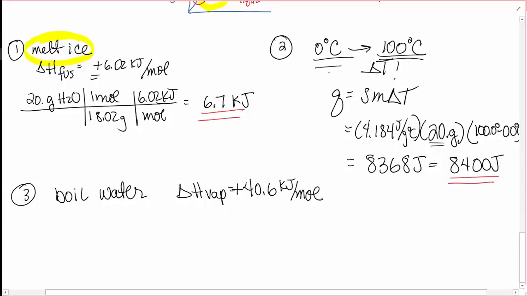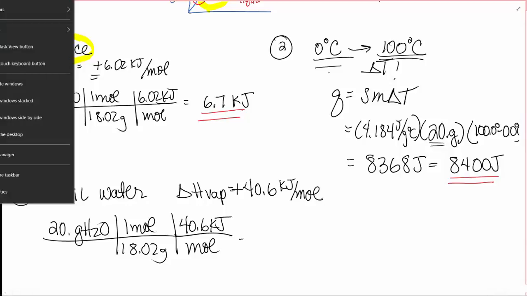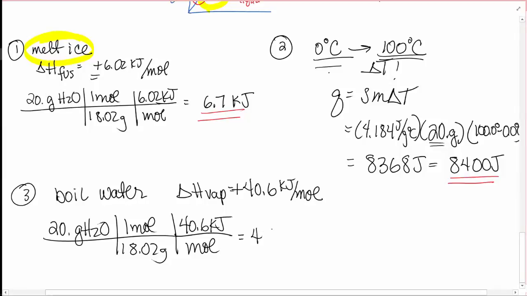And now I'm just going to do like what I did with melting, right? 20 grams of water, convert it into moles, 40.6 kilojoules per mole. And when I plunk that into my calculator, oops, I get 45 kilojoules.